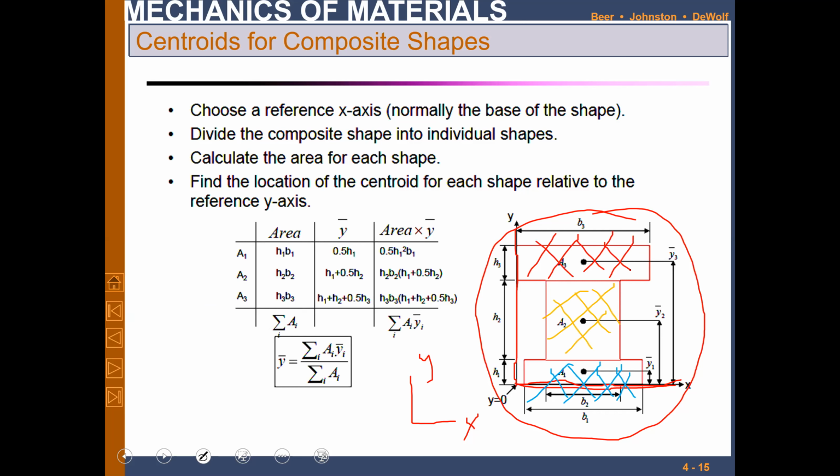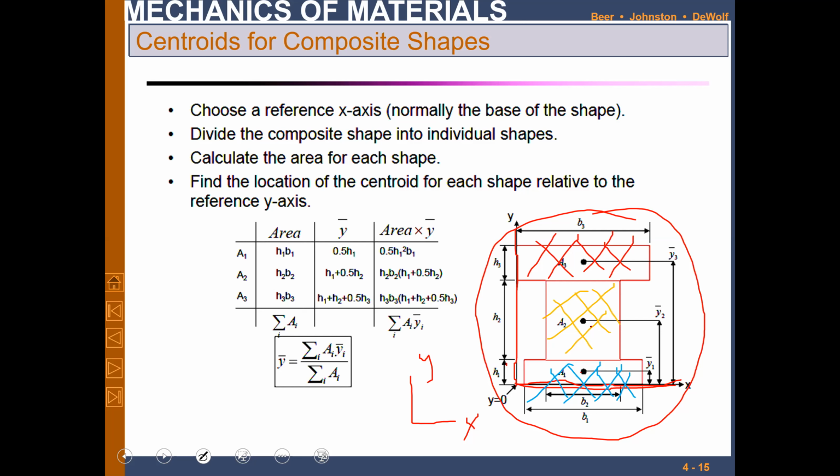Now, where is y1? Y1 is basically this one. This is the centroid location, y1. So y1 is half of the height, because it is located in the center. So obviously the centroid is always located at the geometric center of that particular shape. So if this is h1 of this whole shape, y1 will be 0.5 of h1.